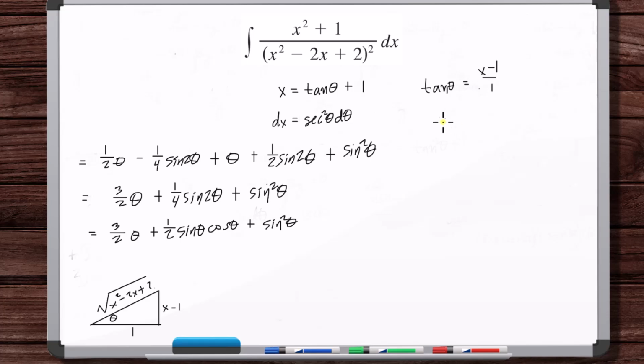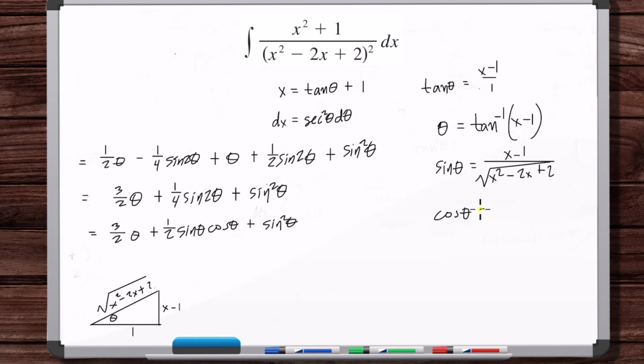Well, first of all, theta is equal to inverse tangent of x minus 1. Now sine theta is equal to opposite over hypotenuse, and then cosine theta is equal to adjacent over hypotenuse.